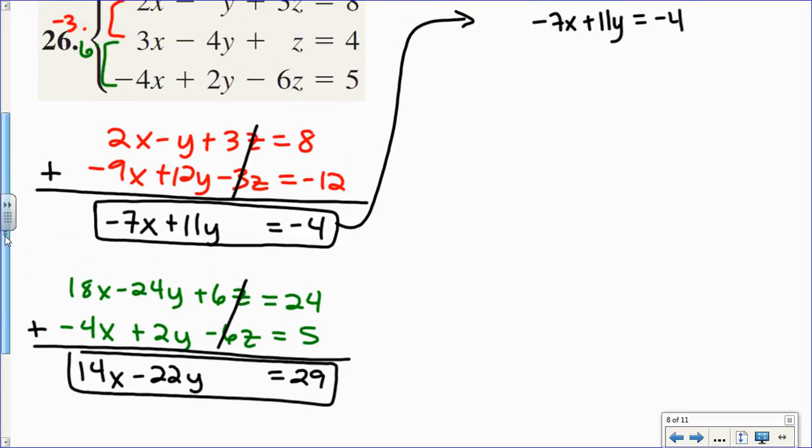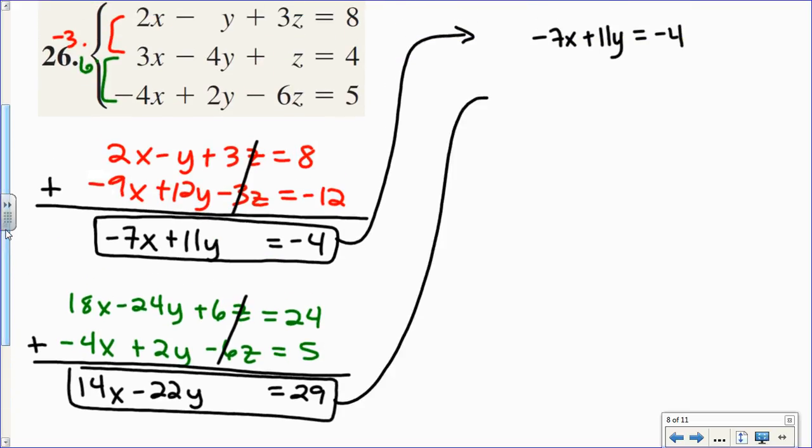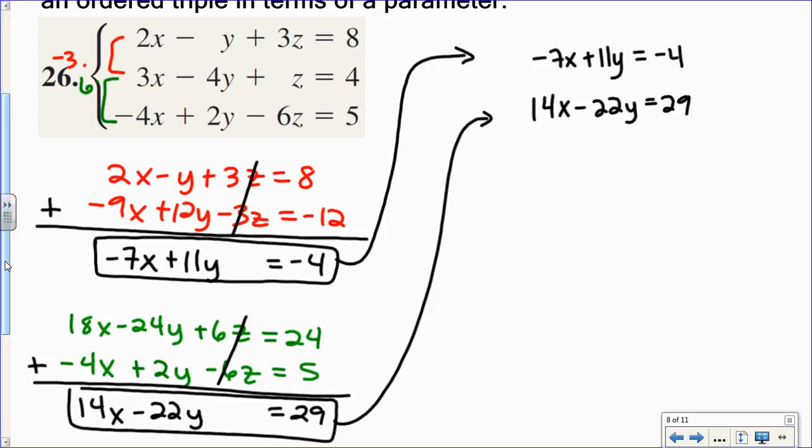Okay, so now this comes back here, and I have a normal 2x2 system. To eliminate, what should I multiply the top equation by? 2. Good. So that's -14x plus 22y equals -8.